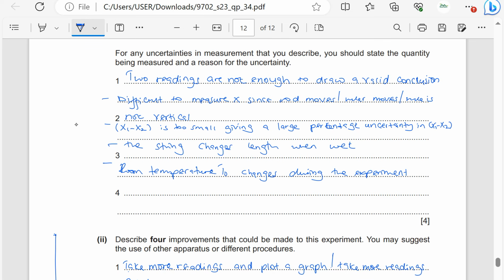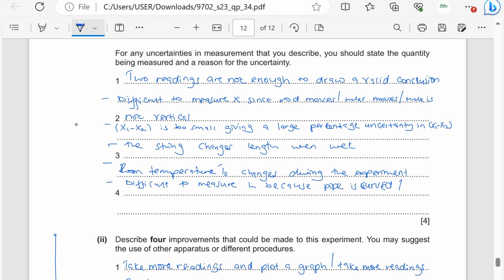So I would say: difficult to measure L because the pipe is curved. It is difficult to measure L because the pipe is curved.